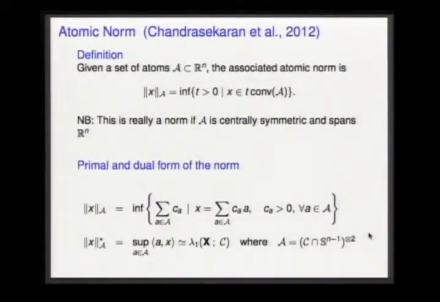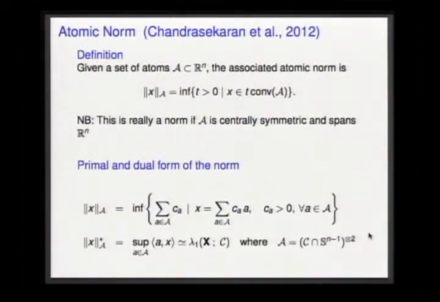So this gives us a variational expression of the function, which is the infimum over the set of linear combinations. So here c_a, this is a mistake, this c_a is a positive number.